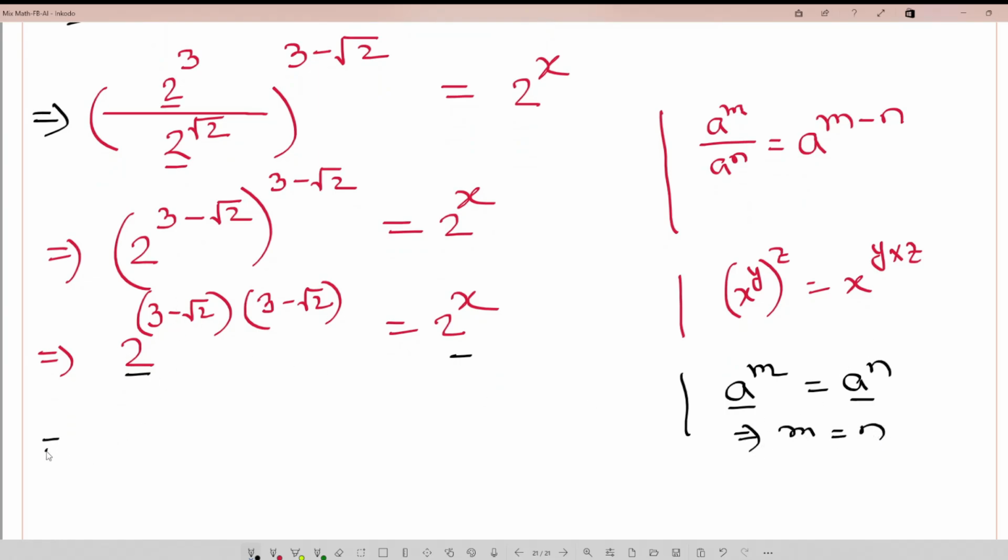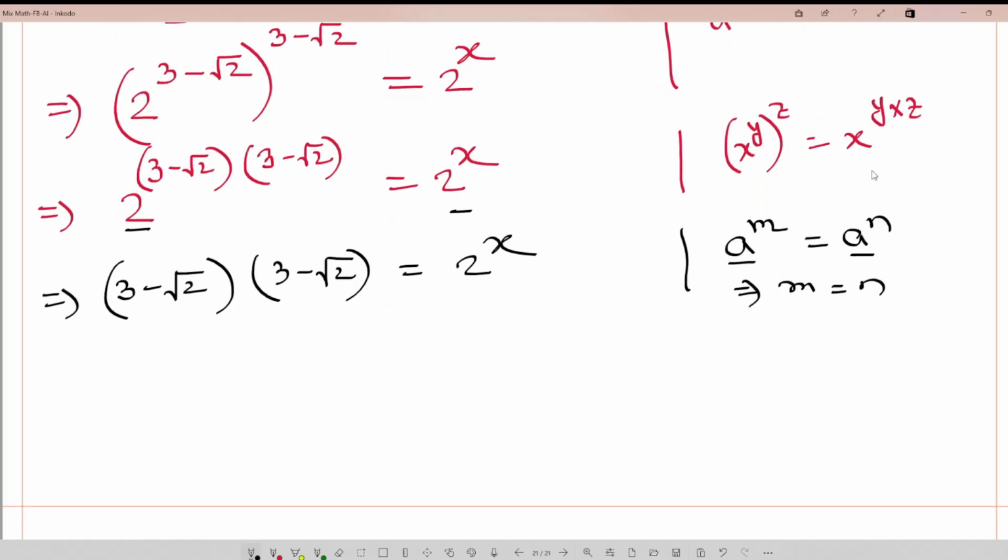So here is also a similar thing, 3 minus root 2 times 3 minus root 2 equals x. So here, you can make a whole square or you can directly multiply each other. No need to make a whole square, because the square of 3 minus root 2 or 3 minus root 2 times 3 minus root 2 is a similar thing.